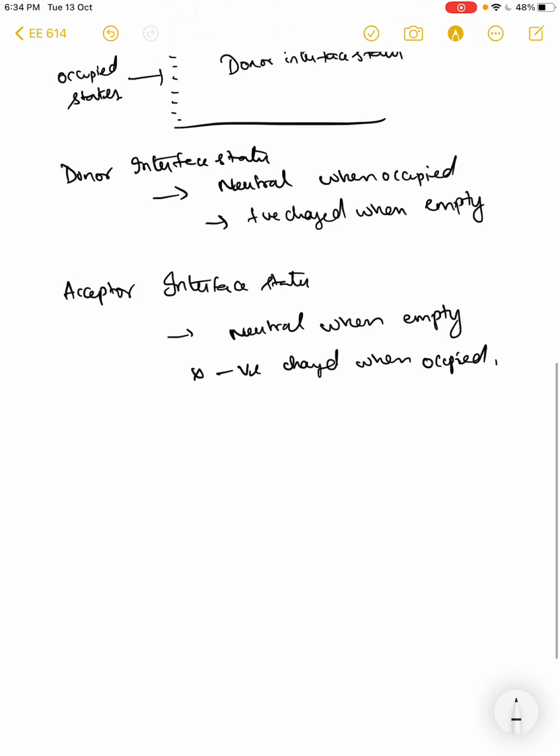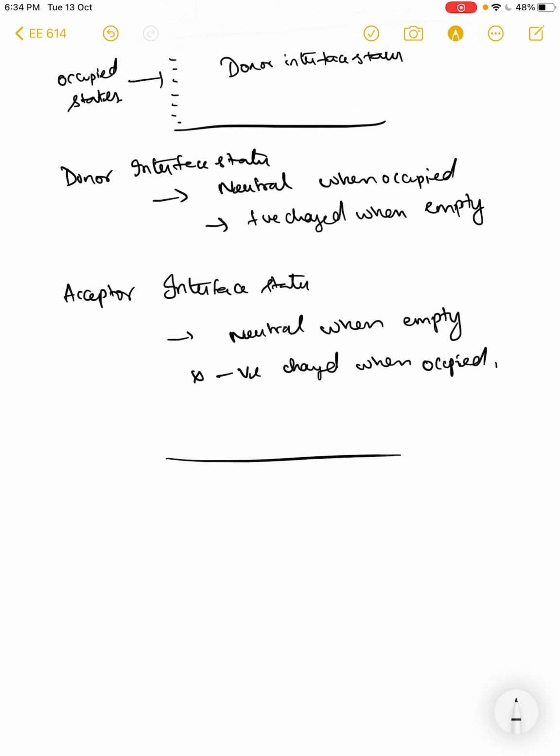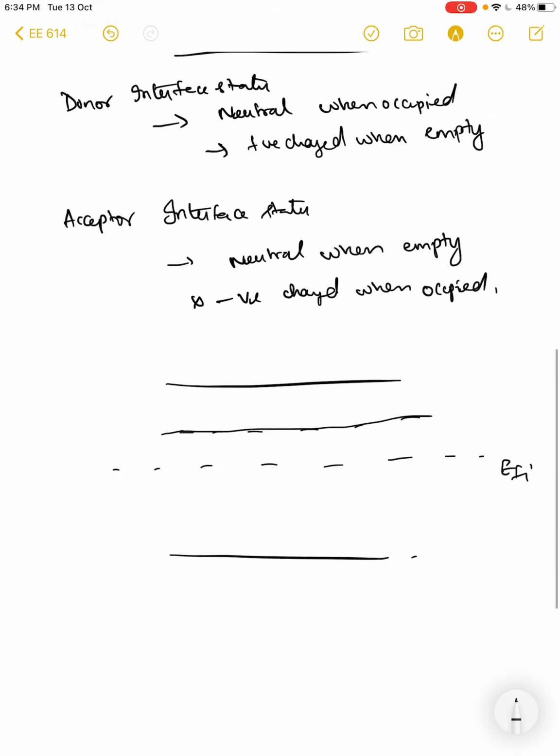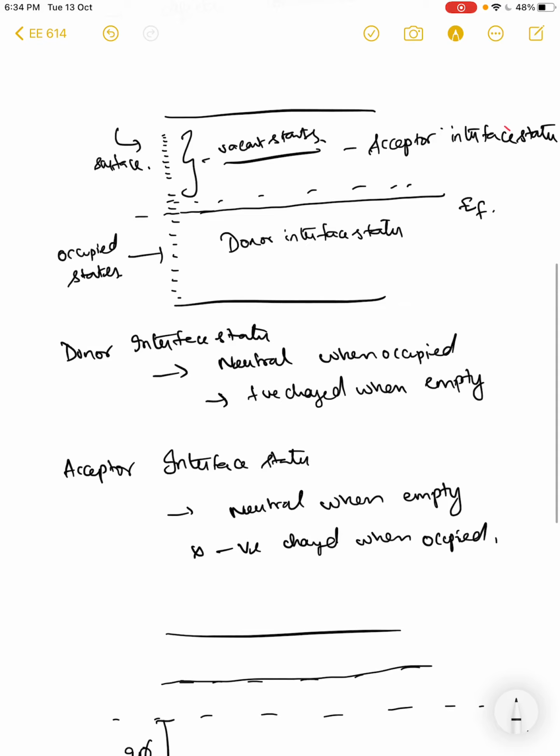So let us take the same semiconductor, and I am moving the Fermi level closer to the conduction band. Remember, we saw the original level here. So this was the EFI, and I am going to mark its separation from the valence band as Q psi naught, some energy level.